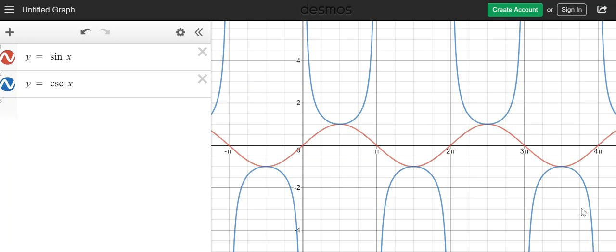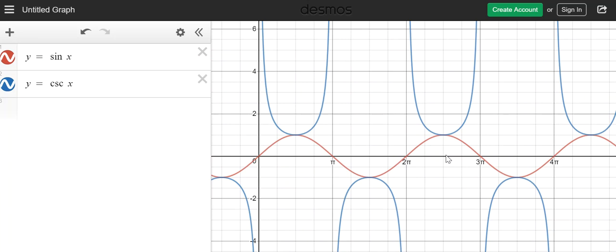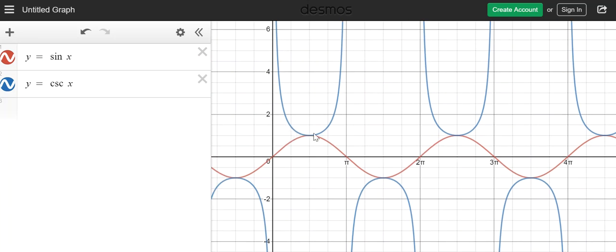Up and then down. And if we keep going, up, down. So even though these cosecant graphs aren't continuous, they are periodic. And they're periodic every 2 pi. So starting at 0, we have this upward, then at pi it comes downward, and then at 2 pi again it starts repeating that pattern.